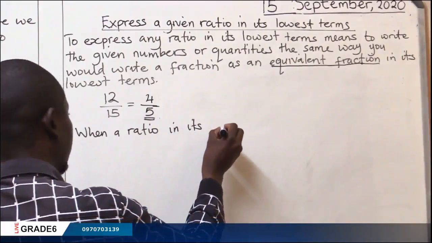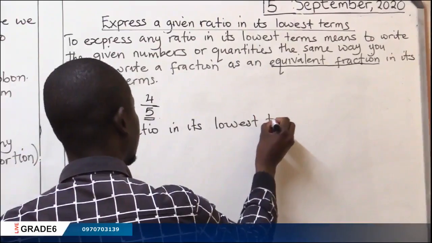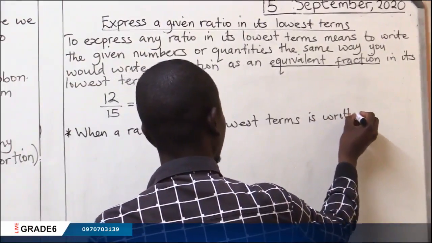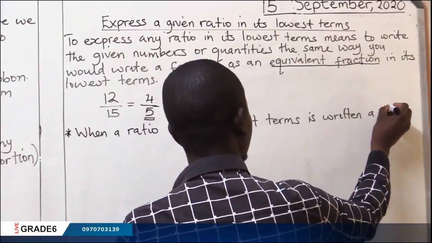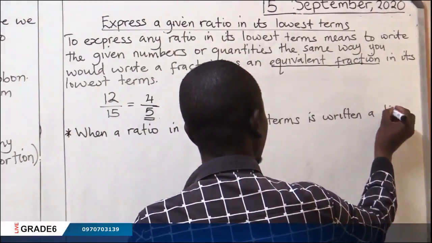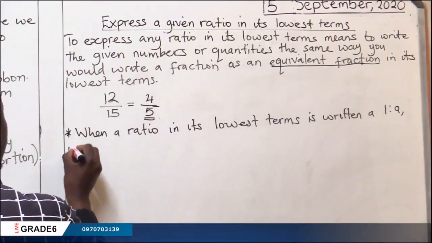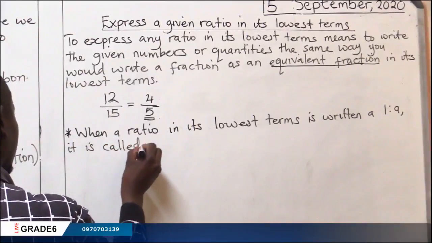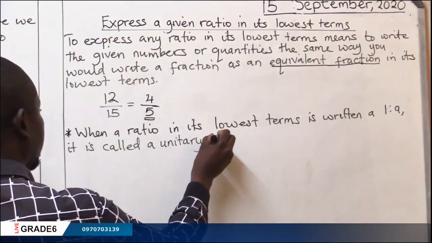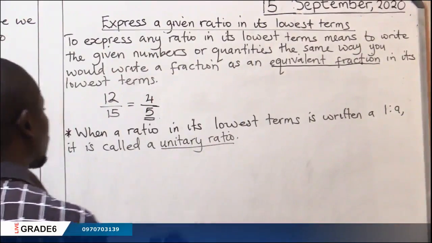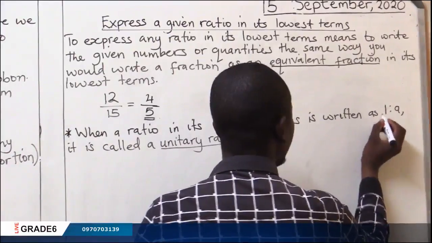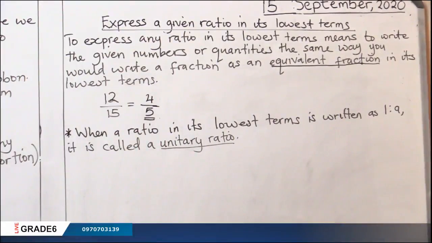When a ratio in its lowest terms is written as 1 to A, it is called a unitary ratio.